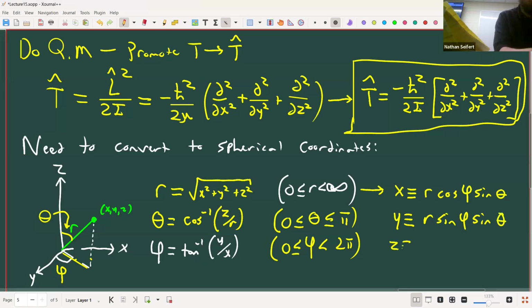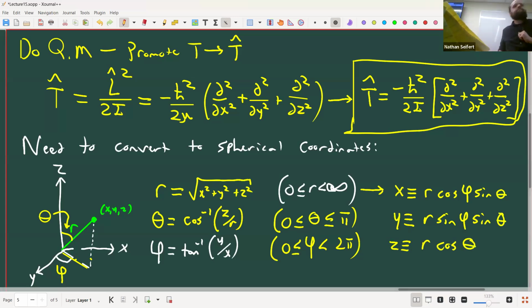And z is r cosine theta. Okay, so we now have a one-to-one conversion between every point in xyz space and a series of two angles and an r. So any xyz can be represented by a unique set of angles and a distance.